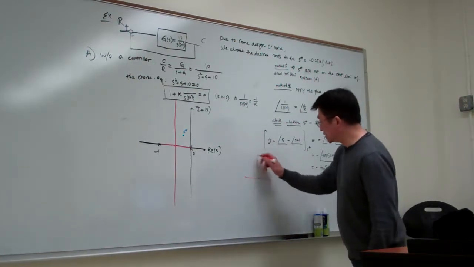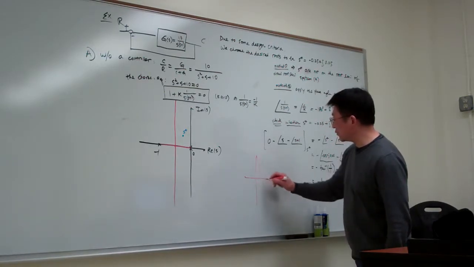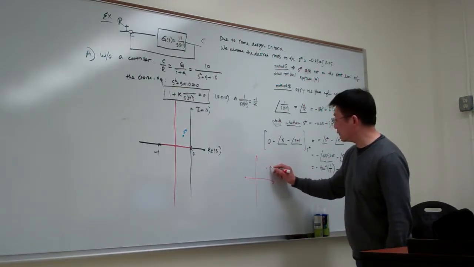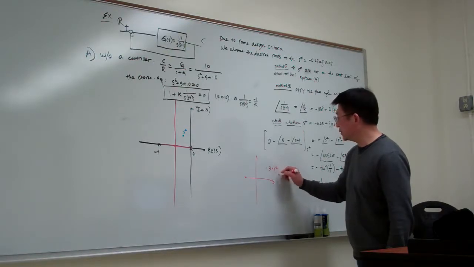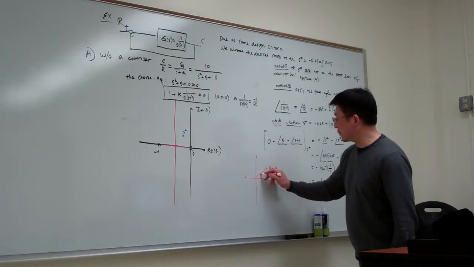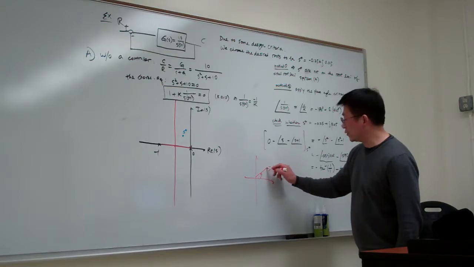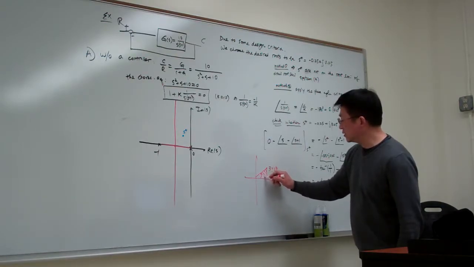Okay, so here is our complex plane. Let me make one example. Say we have 3 plus j4, so its phase angle is defined by this one, right? We can utilize this triangle.